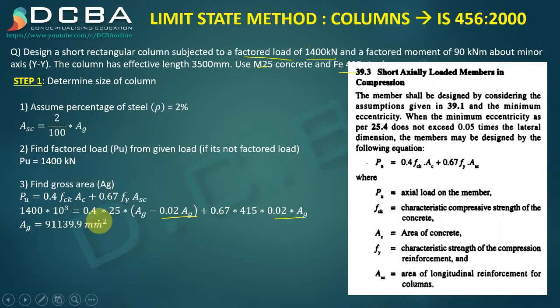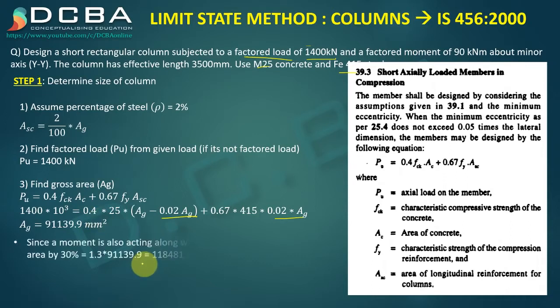So we increase this area by 25 to 30%. I increase it by 30%, so I will multiply this by 1.3. When I multiply by 1.3, I get 11848.87 square mm. So this is the gross area that I am getting.